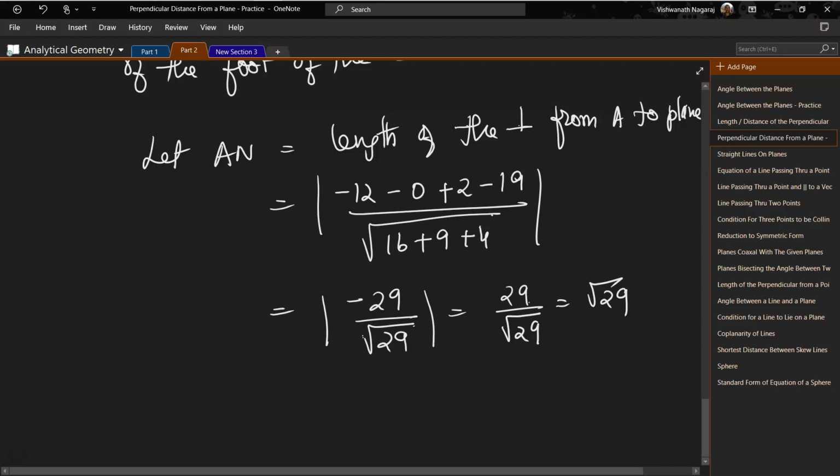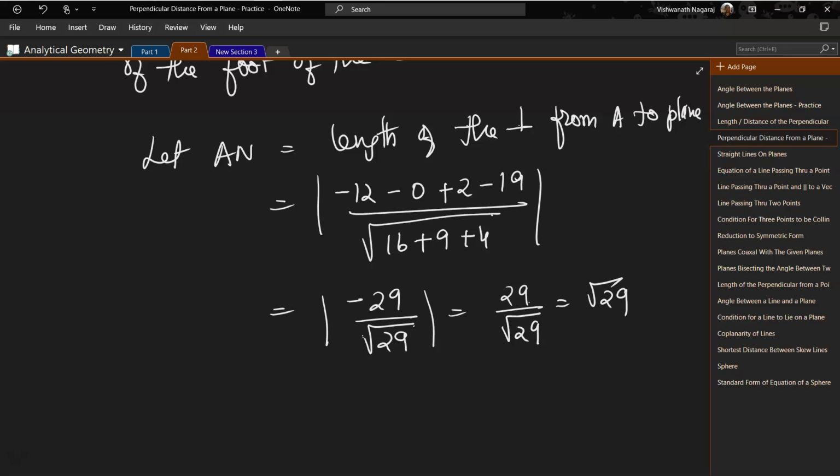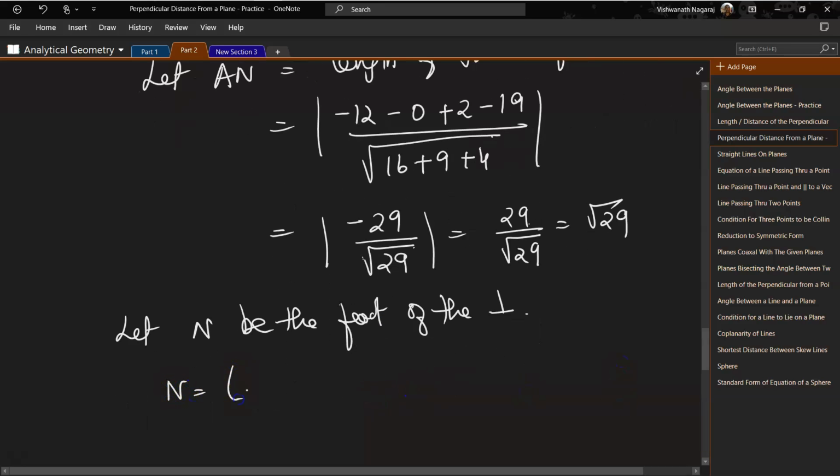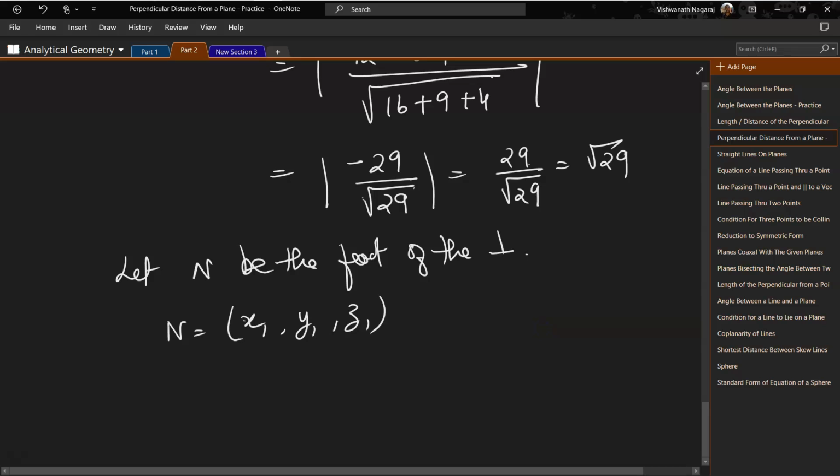Now we have to find the coordinates of the foot of the perpendicular. So let N be the foot of the perpendicular, right? So N is equal to some coordinate (x1, y1, z1). We have to figure out these values. Now remember, perpendicular to the plane means what?